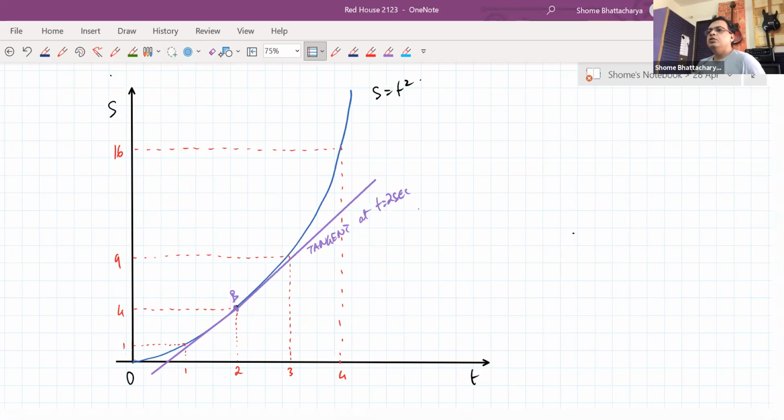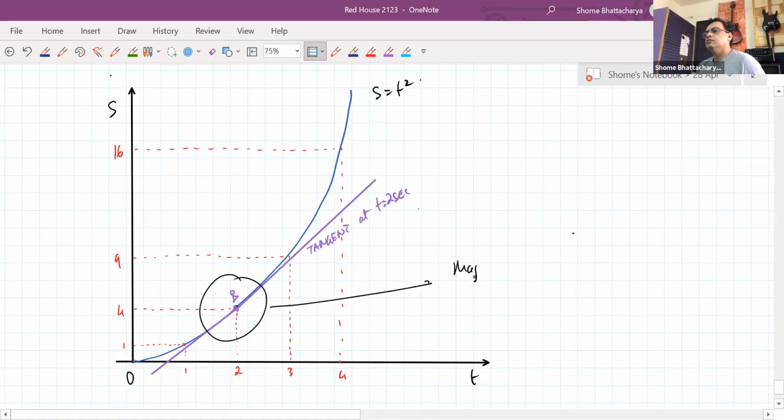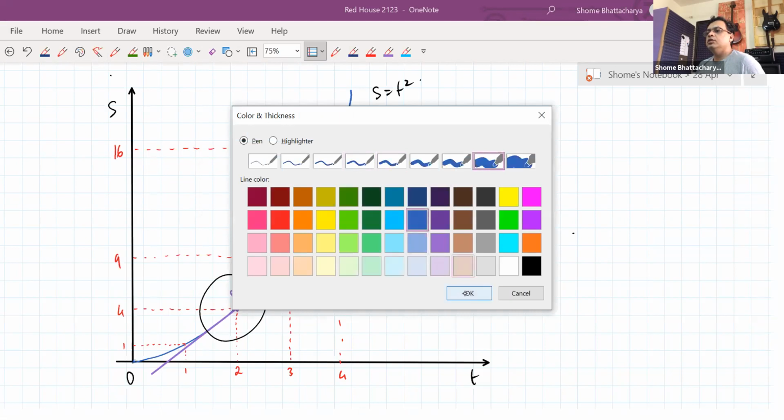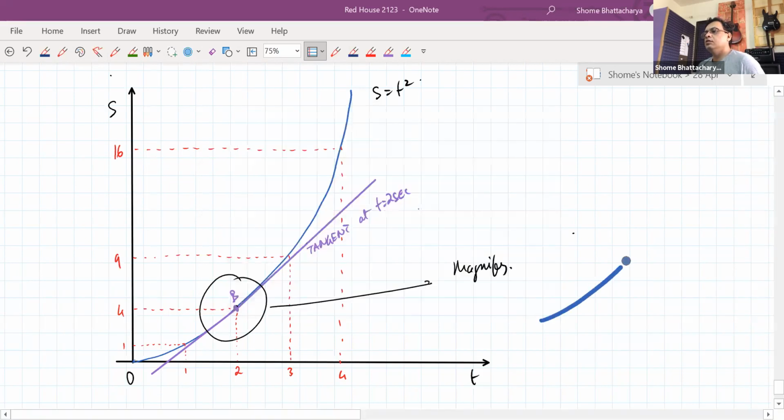So once again, if we put this point under a magnifier, what we are trying to achieve is that we've taken the instant t equal to 2 seconds, and then we've taken the next consecutive point, so that our delta t is very small.